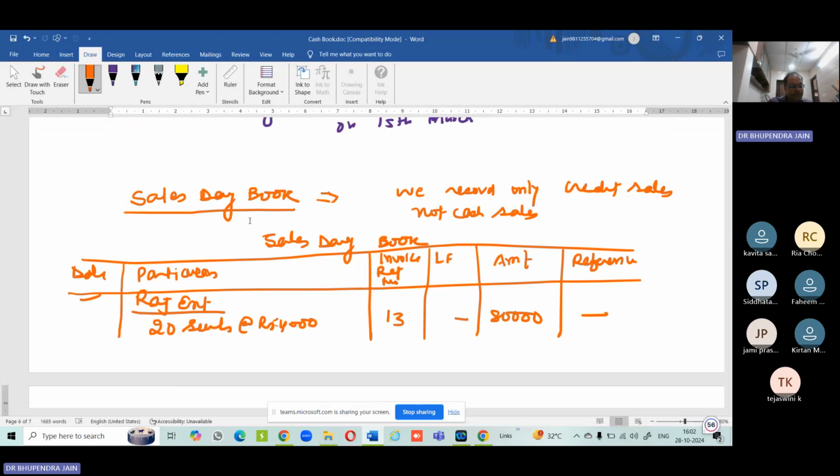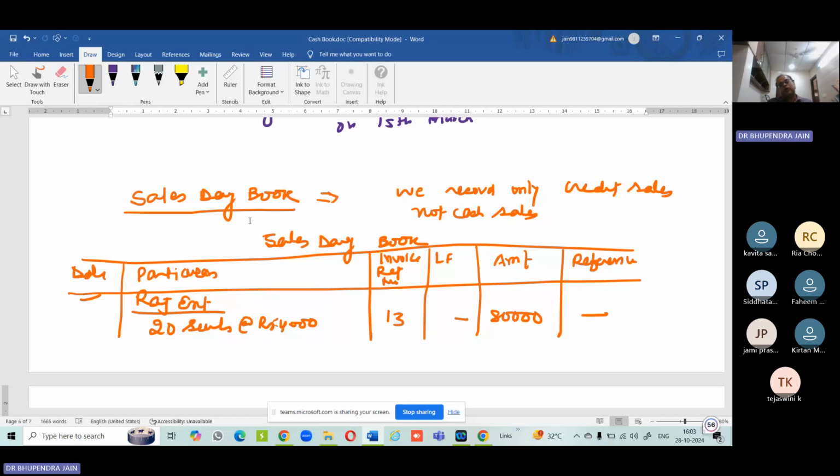If a cash discount is given, no entry will be passed in the sales day book and purchase day book, whether once you receive the cash or once you make the payment in cash. So this is either cash purchase or cash sales.